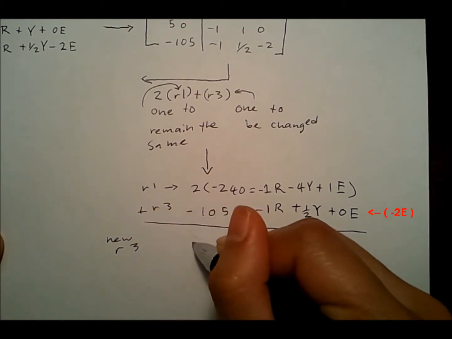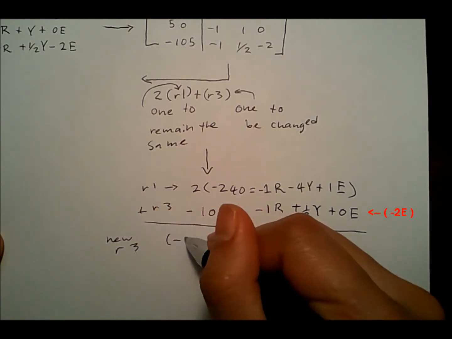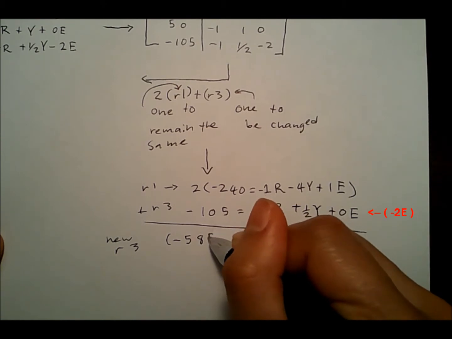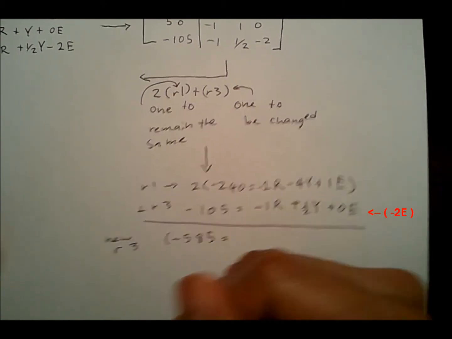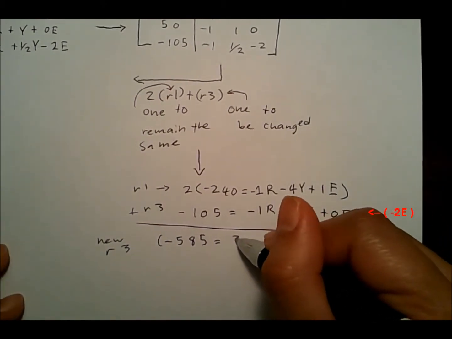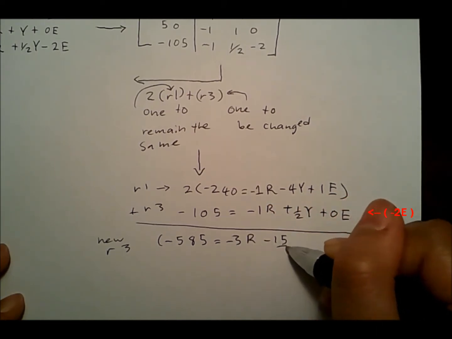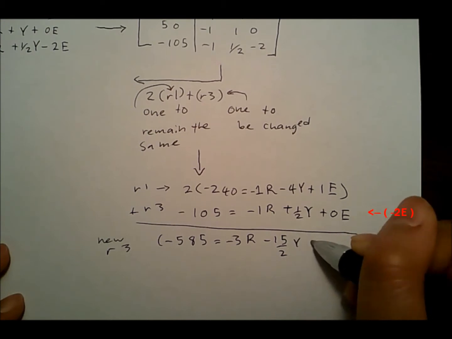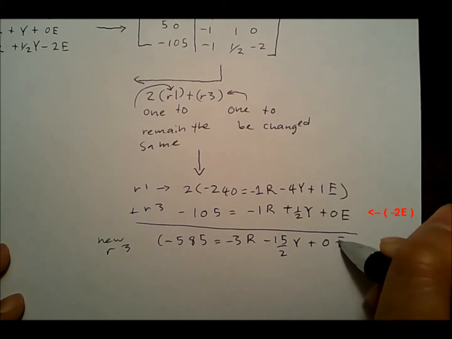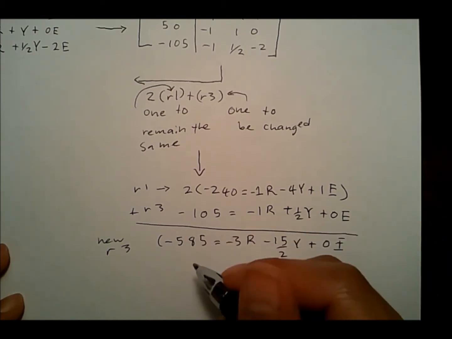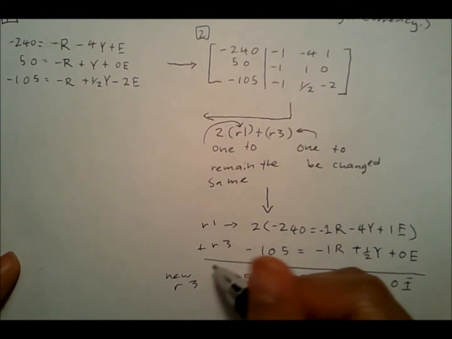So our new row 3 is going to be negative 585 equals negative 3r minus 15 halves y plus 0e, which is intentional. We were trying to get that 0 right there.